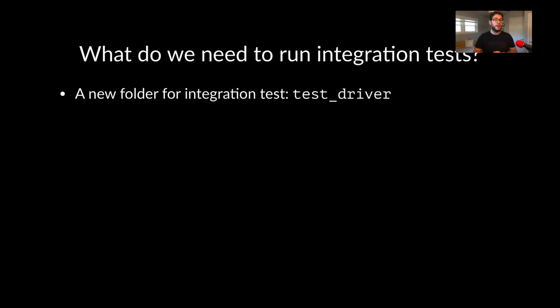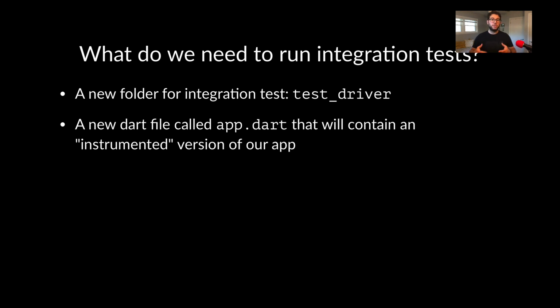First of all, we're going to create a new folder and we're going to call it test_driver. You could call it whatever you want, but in the Flutter tutorials that you're going to see online, this is the standard name. We're going to create two files. The first one is going to be called app.dart, and it's going to contain an instrumented version of our application. This is pretty much pointing to our existing main method.